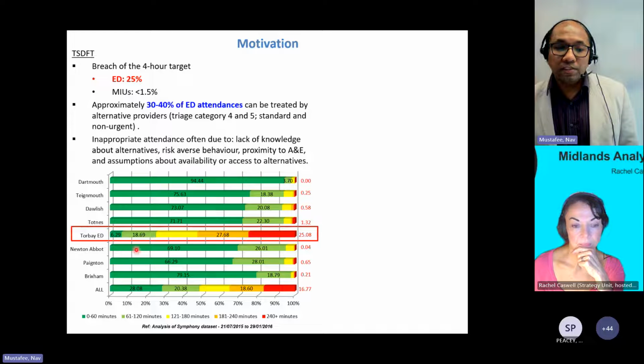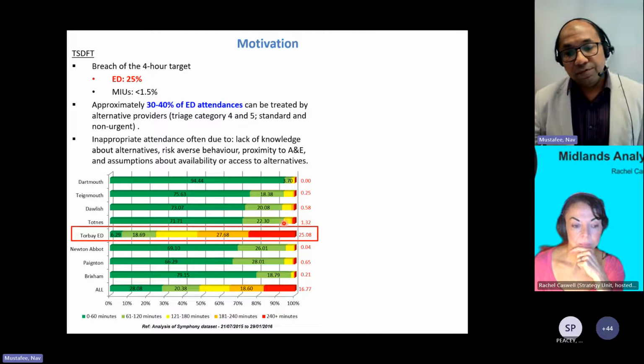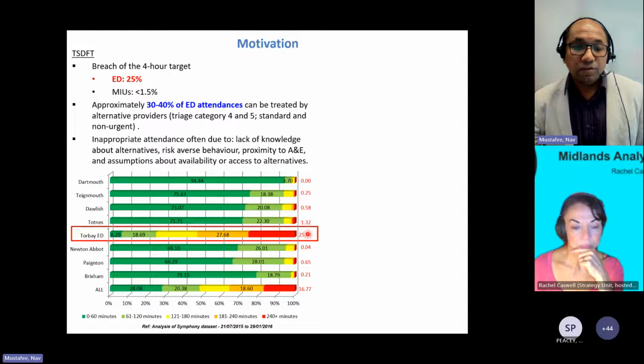This is a stacked histogram, and it is telling you the minutes. We see that 25% of people in Torbay Hospital, when we analyzed the data, were over 4 hours. But for the other MIUs, it is negligible.